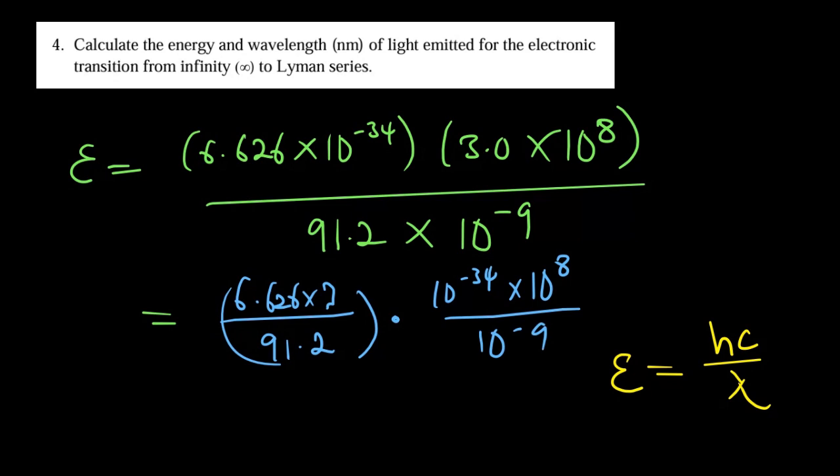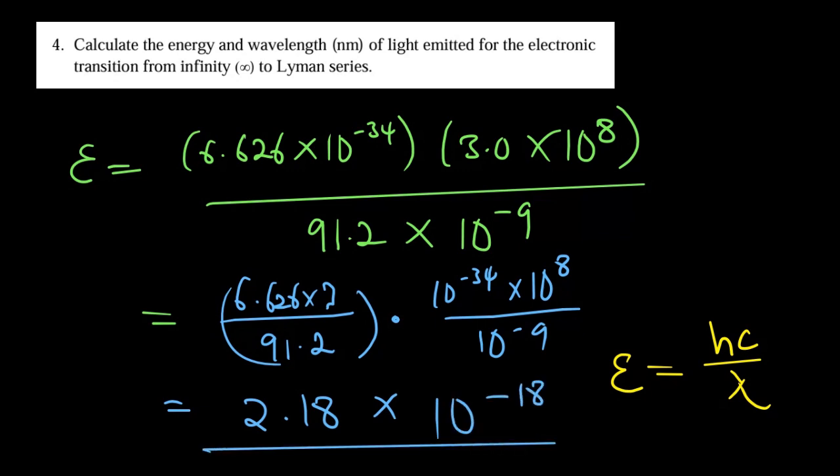So you can evaluate this. The answer that you should get there should be 2.18 times 10 to the power minus 18. These are joules. The energy is in joules. So we've calculated the energy and the wavelength.